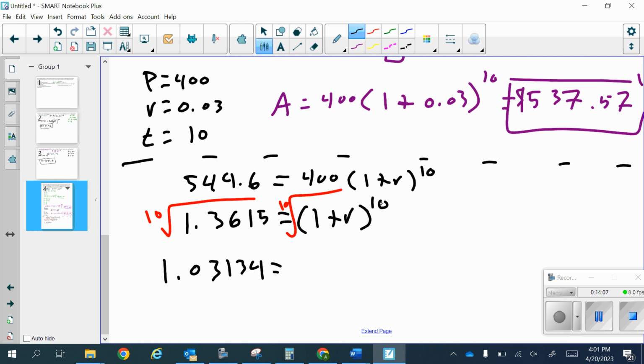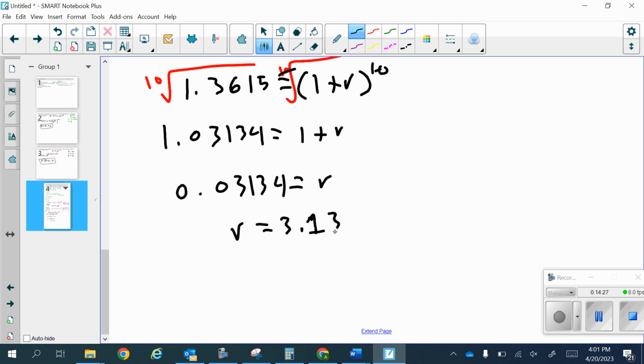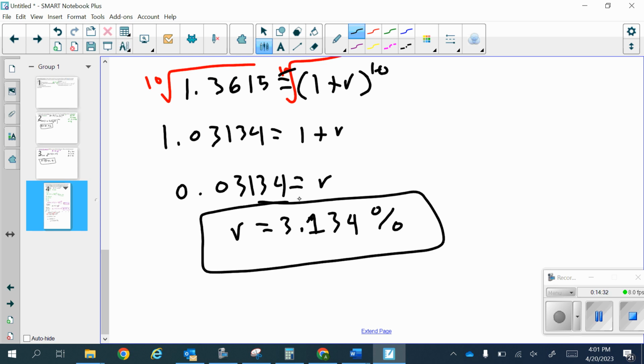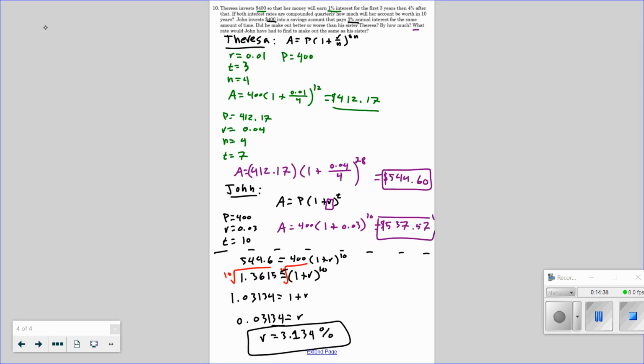And the 10th root of 1 plus R to the 10th power, these just cancel out, and that's 1 plus R. Subtract 1 over, and we get that 0.03134 equals R. So that tells me that John's rate has to be 3.134%. That's what he needs to find so that he at the very least matches his sister's amount after 10 years. So that's how you do this problem, guys.